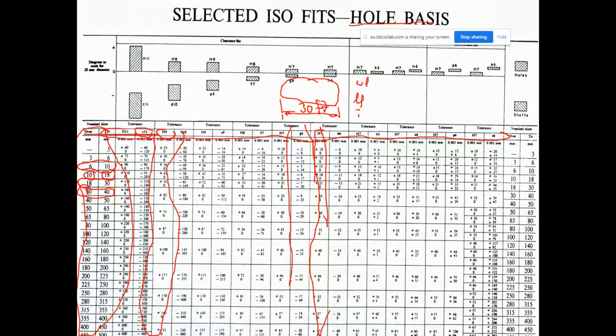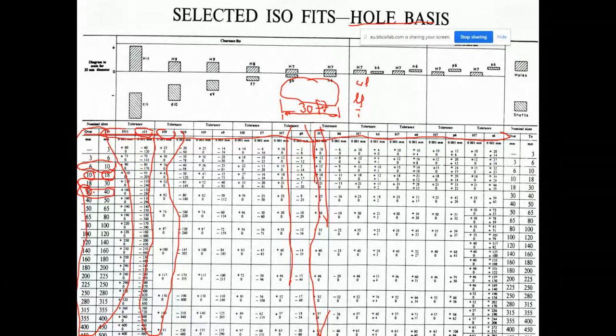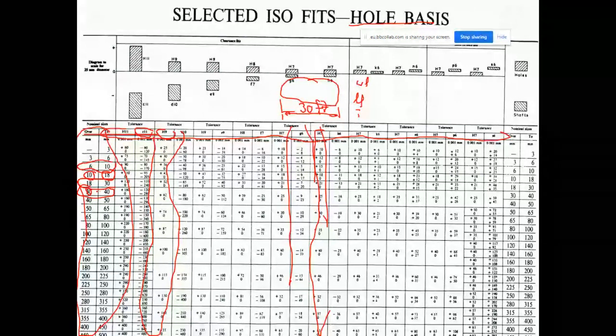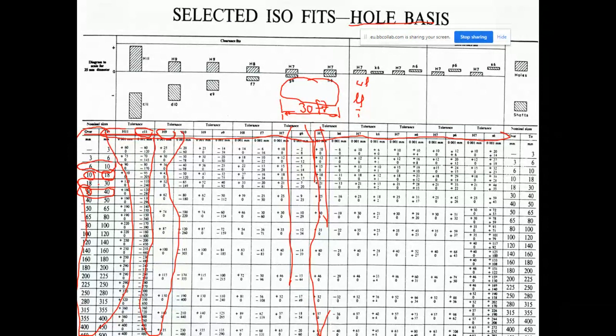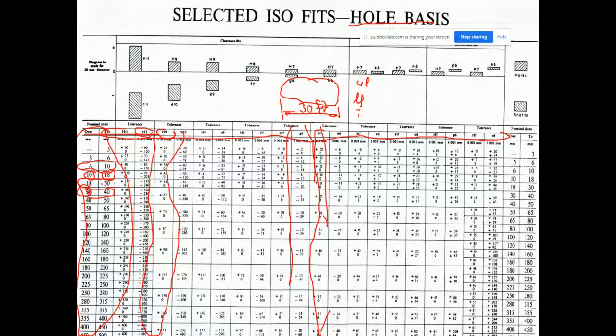Since 30 is not included in that range, we can say that if the nominal value is greater than 30, then it's this range. But if the nominal value is equal to 30 or less, then this is the correct range. Since 30 is included in this range, we need to select this range.